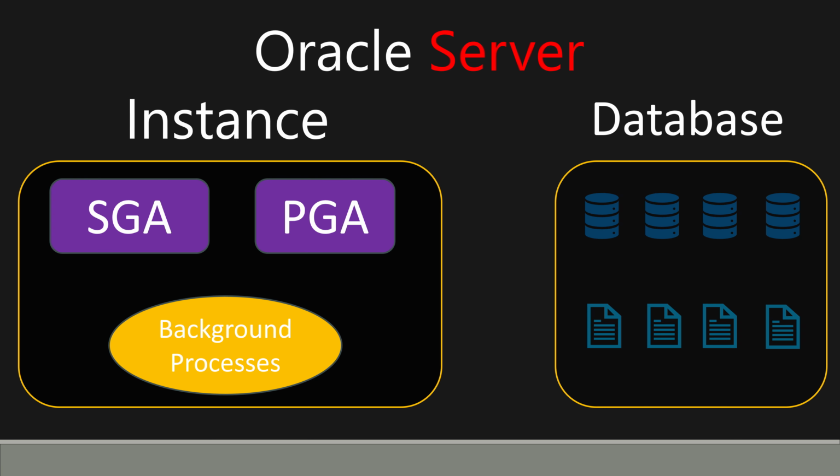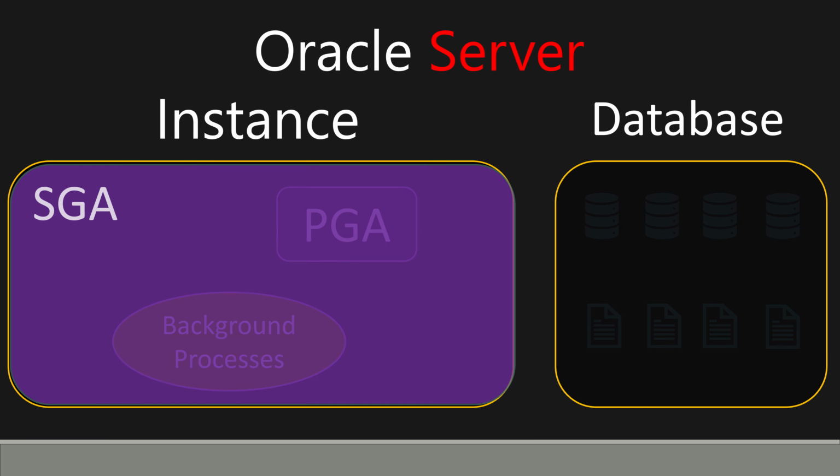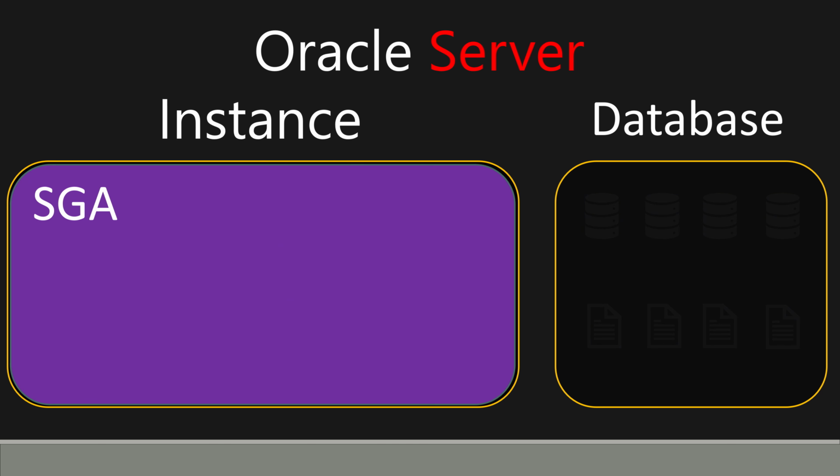So inside SGA, SGA stands for System Global Area. It is shared memory accessible by Oracle processes and user sessions.